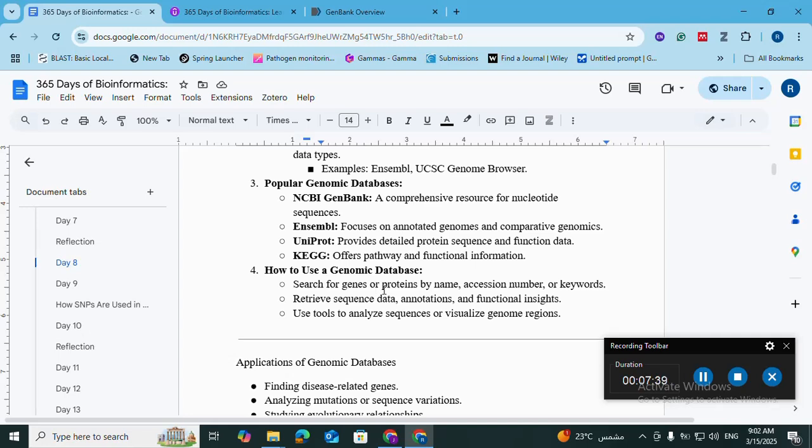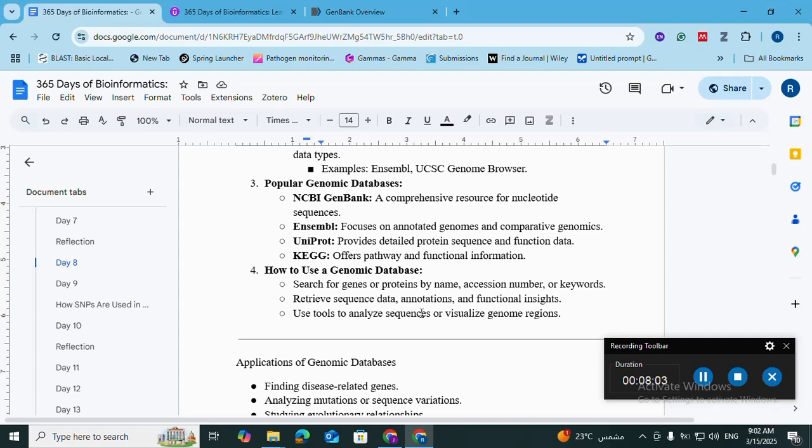Or each protein or gene has an accession number, so you can search through this accession number, or a keyword. For example, I want the genes related to diabetes. Then retrieve sequence data.